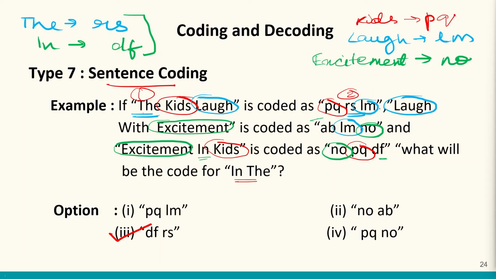The codes are also jumbled up. So these types of questions take a little bit more time, and we have to find the codes individually for each word by finding the words which are common in the sentences. For example, in these two sentences kids was common, in these two sentences excitement was common. That is the way we have to approach it to find the answer.